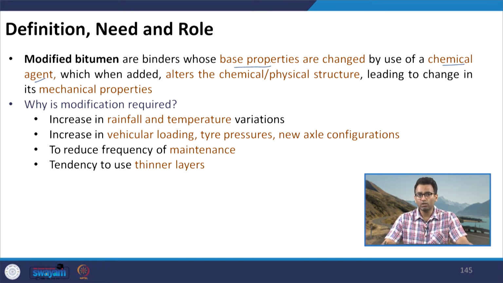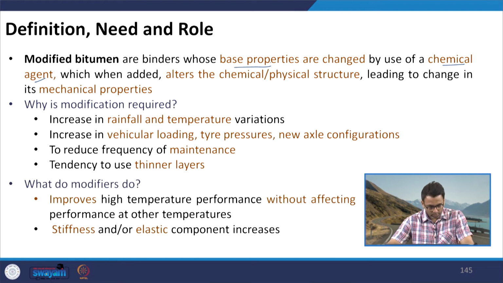We tend to change the properties of the base bitumen so that it can give us satisfactory performance in these extreme situations of either environmental variations or vehicular loading, or the need for a change in maintenance or design thickness of the bituminous layer.